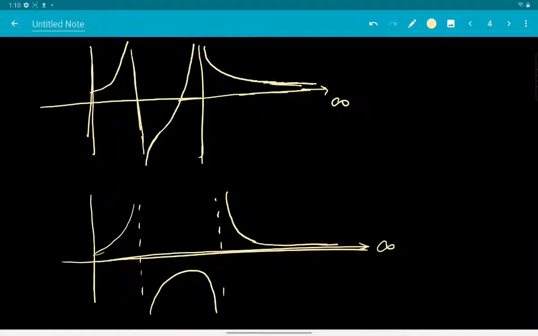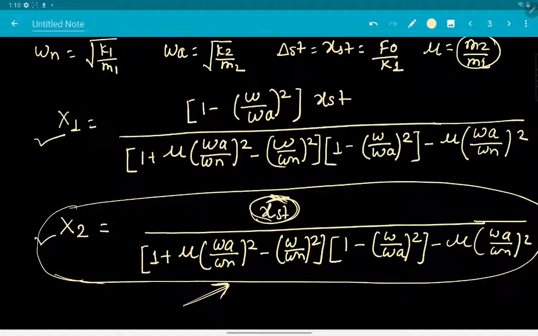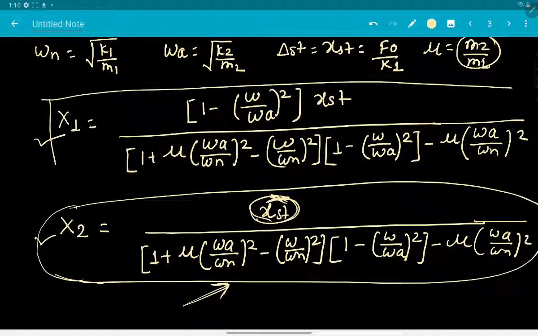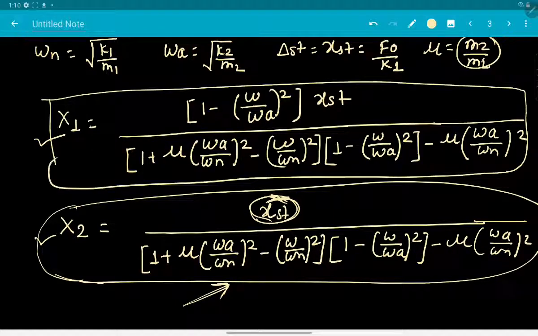So what we are interested in now is hitting this point where x1 is 0. If you look at this expression of x1, you will see that in the numerator you have this term, which can make x1 0. And this term can go to 0 when 1 minus omega by omega a square is 0.